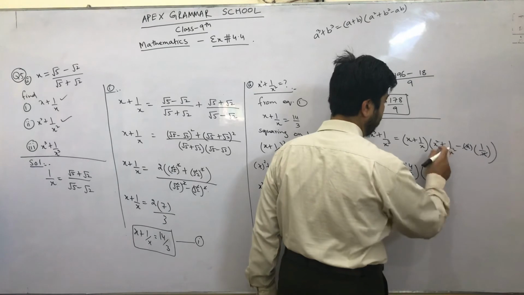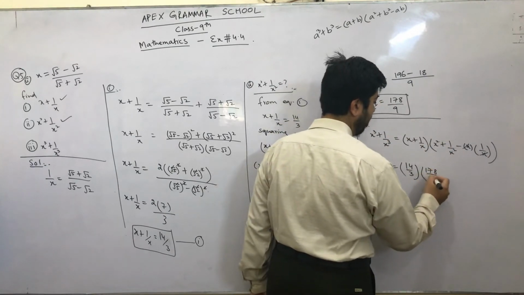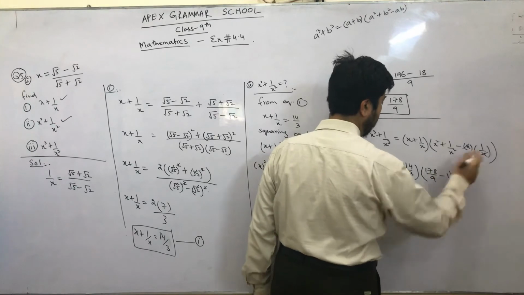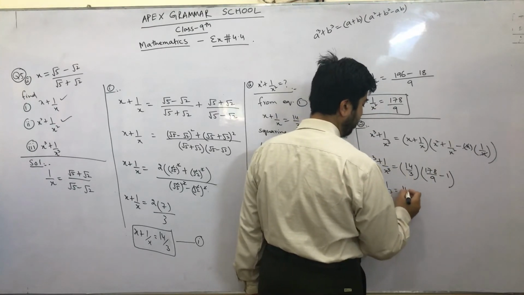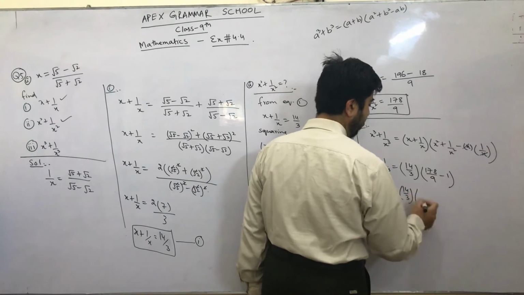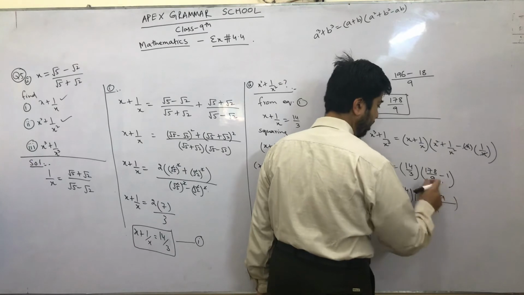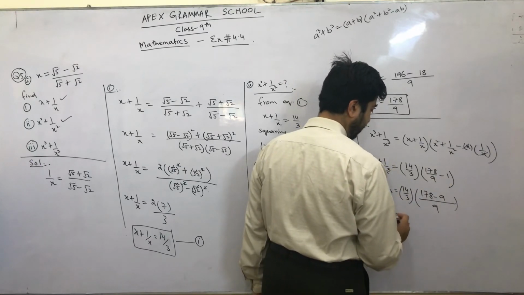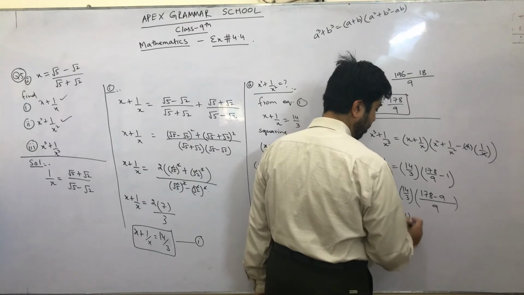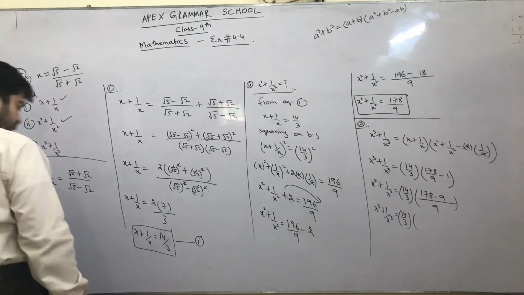And after that, x square plus 1 over x square, we have it, 178 over 9 minus 1. So you can easily calculate it by taking LCM, like 178 minus 9. What is 178 minus 9? Calculate it from your calculator.